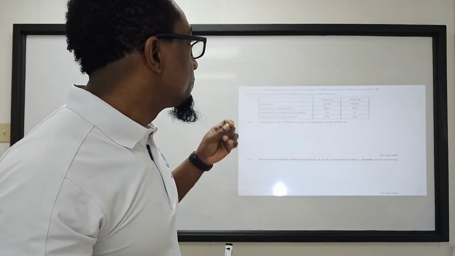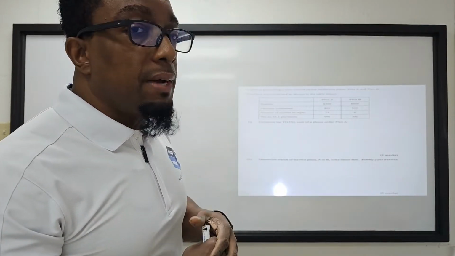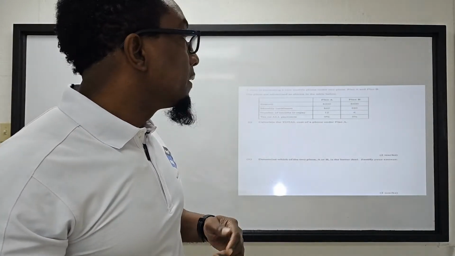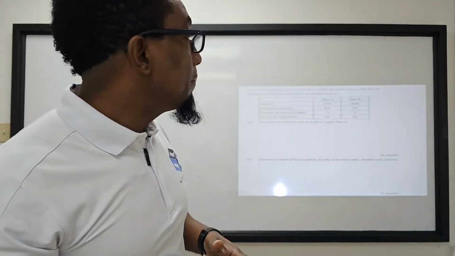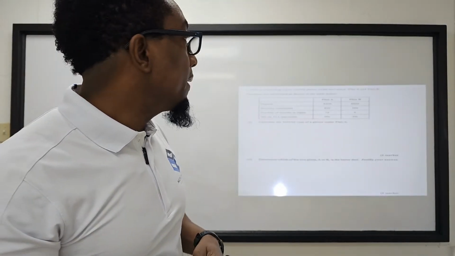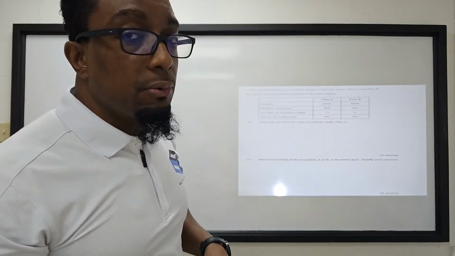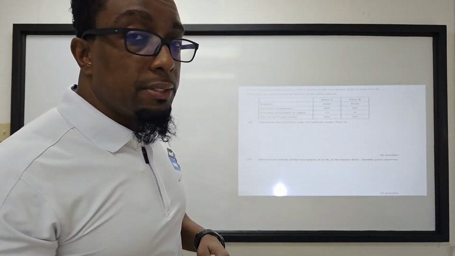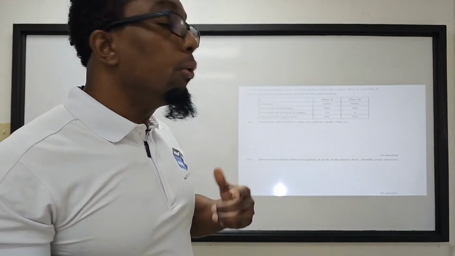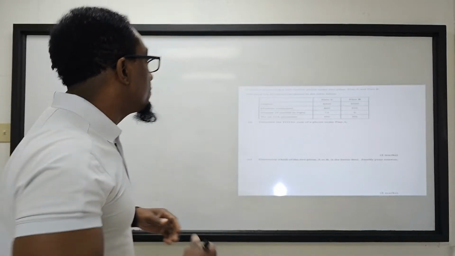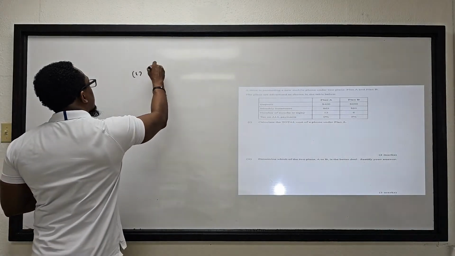For plan A, you have to deposit the amount shown. Similarly for plan B, we have the monthly installments, the number of months to repay for both plans, and the tax on all payments for both plans. So what they want us to do in part 1 is to calculate the total cost of the phone under plan A. So let's work out plan A.